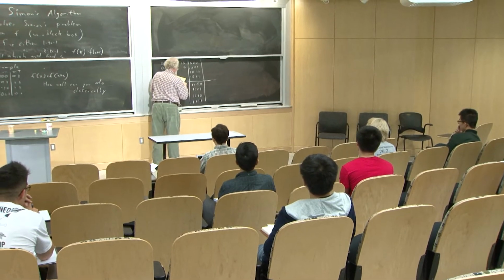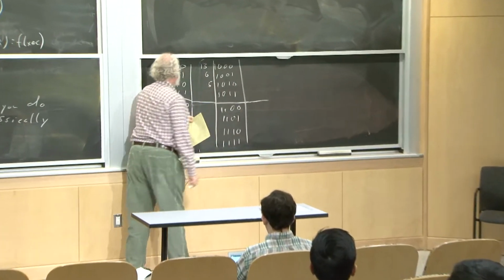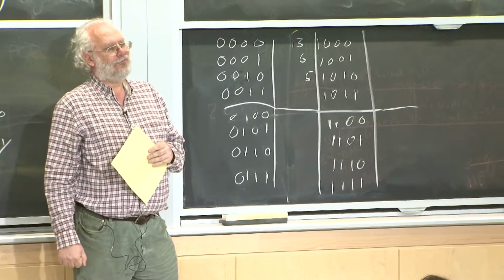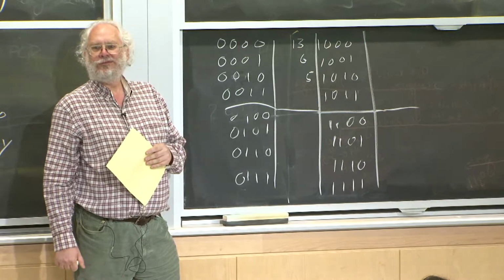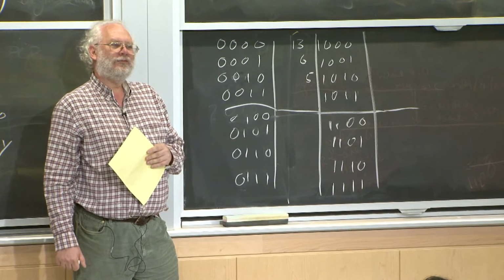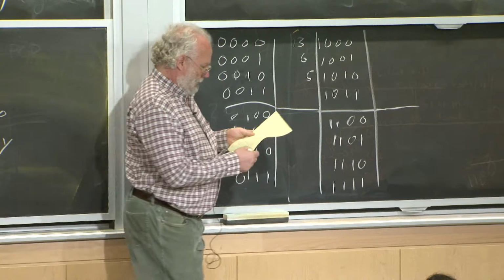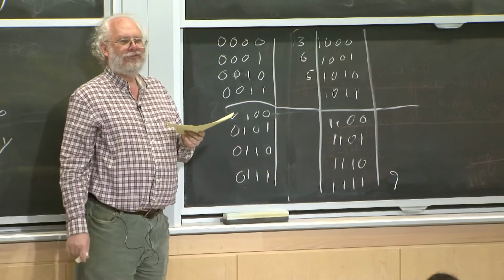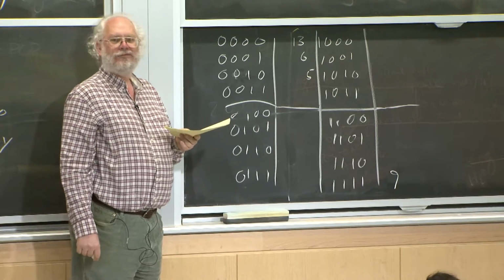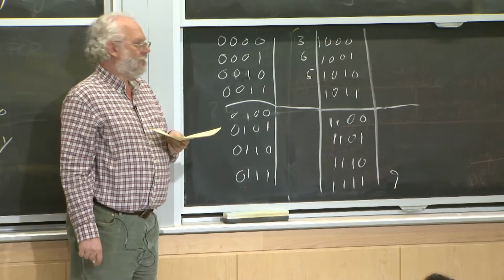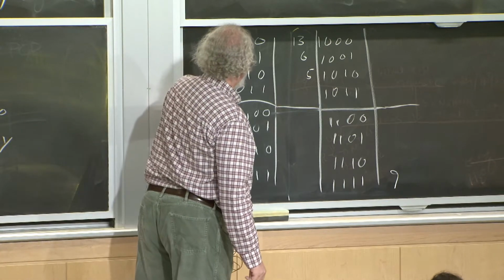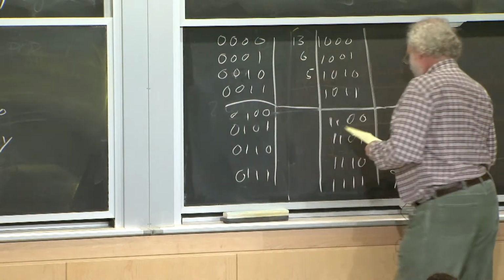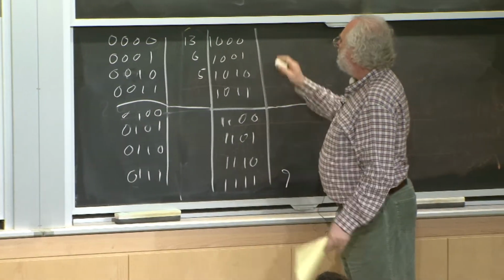That gives you 5. Another one? All ones. Excellent. That gives you 9. Another one? 1 and 3 zeros. OK. That gives you 8.